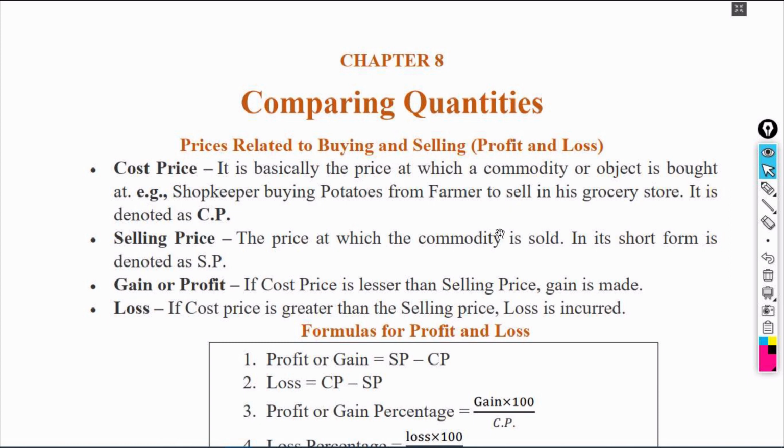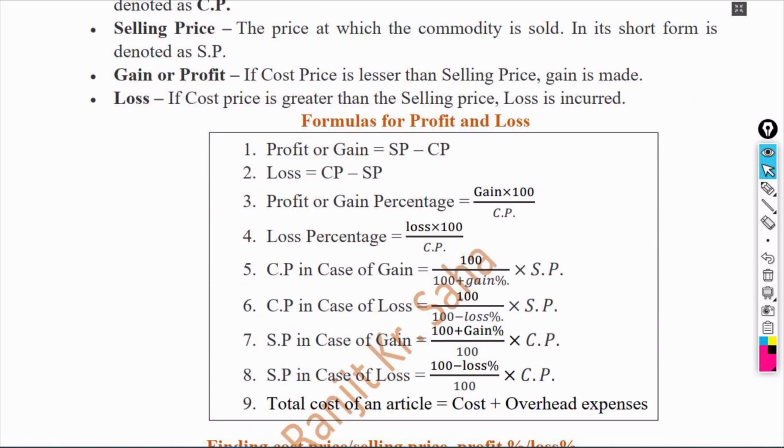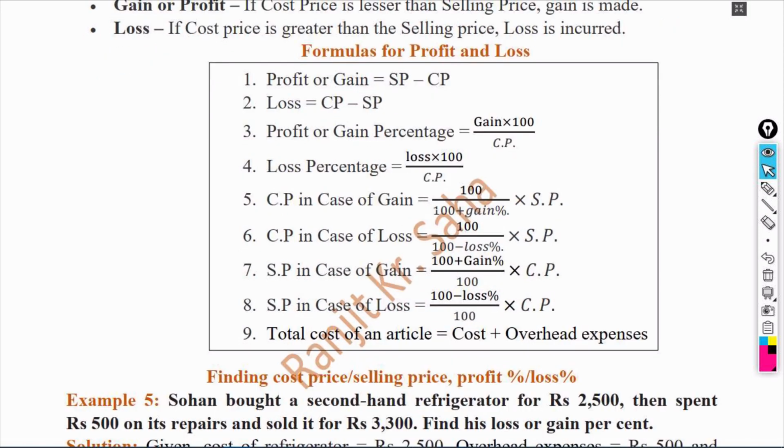And loss, if the selling price is less than the cost price, or you can say the cost price is greater than the selling price, then there is loss. Here are some formulas for profit and loss. You have to use these formulas while solving the problems.